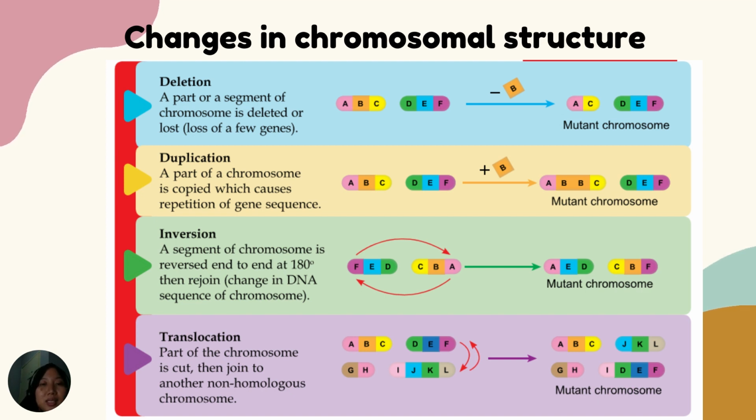Then we get another mutant chromosome, where the L has been translocated to the upper one, and the F goes down to the lower part of the chromosome. So that is the translocation of a segment of a chromosome. So there are four types of chromosomal mutation involving the chromosomal structure.